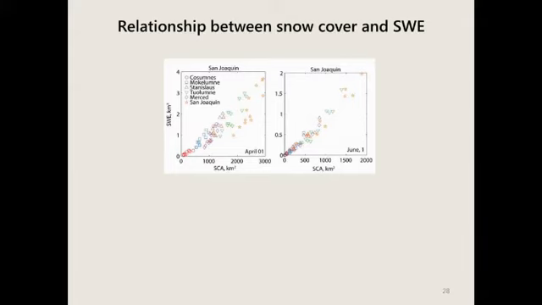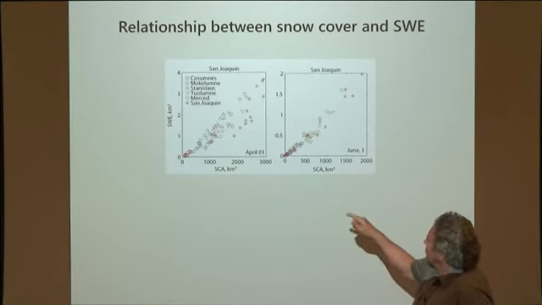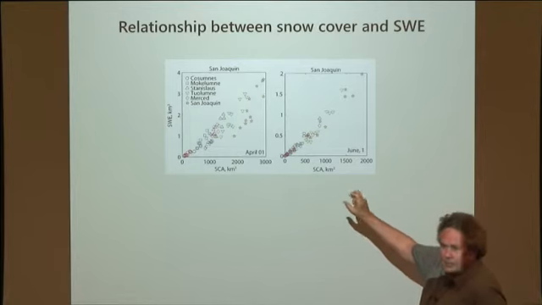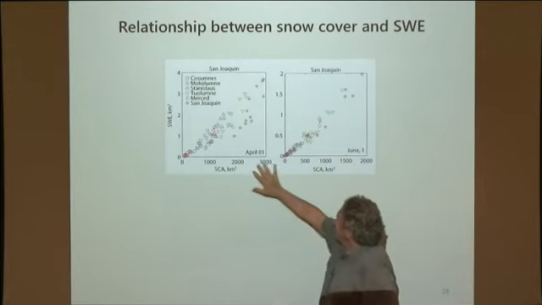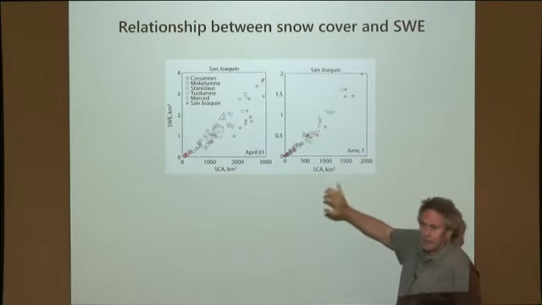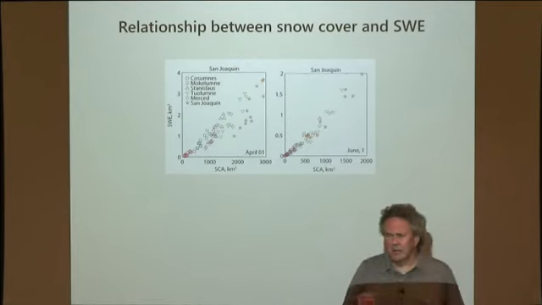And in fact, what we did is look at all of the basins in the San Joaquin drainage, looking at the snow-covered area in relation to how much snow volume there was, both on April 1st and on June 1st. And notice that in June, that relationship's a lot tighter.